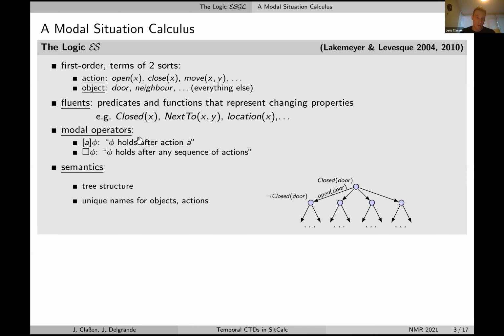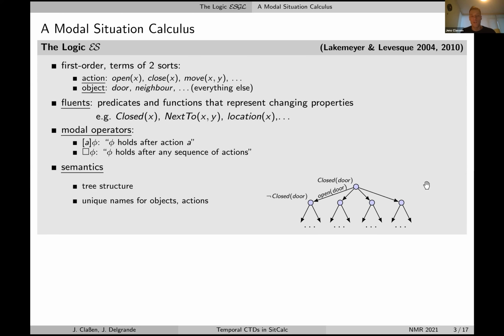One taking an action as an argument and saying that the formula phi holds after an action A. And box phi expressing that phi holds after any sequence of actions. And there is a special semantics that defines situations to form a tree structure, where we find all sequences of actions, and at every node we define which fluents are true and which are not true.